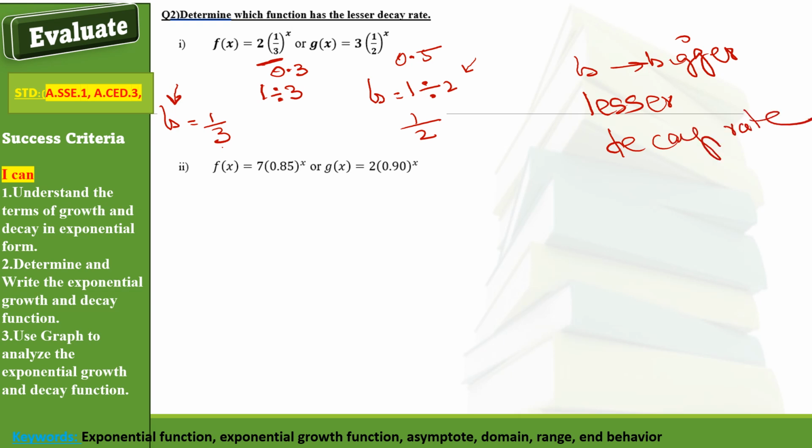So here, 0.85 and 0.90. The bigger the value of b, the lesser the decay rate, which means 0.90 will have a lesser decay rate.